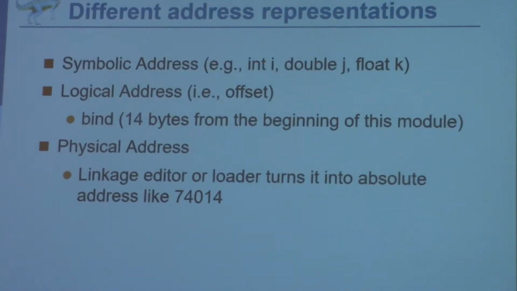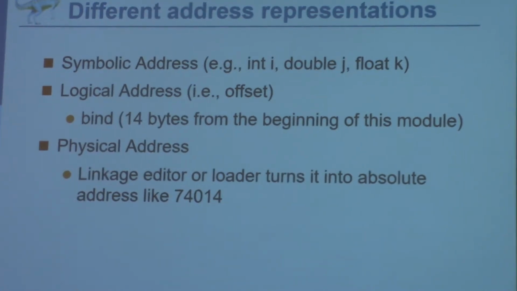So there are differences. From our side, we have the 3 different addresses. So this is a physical address, the memory address. Okay, to get this one, first, how do you define the address of your variable? You don't know where it goes. Instead, we are using symbolic addresses like the integer I or the double J and the float K, like that.